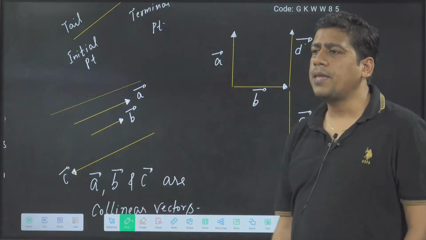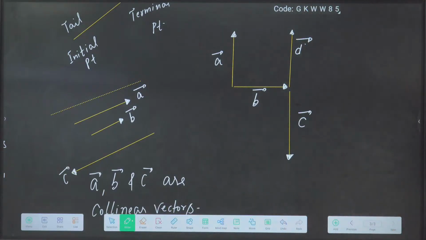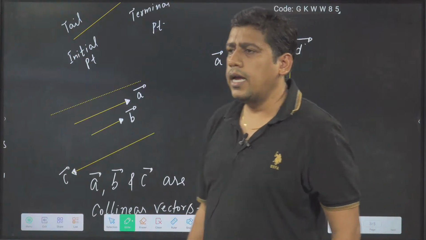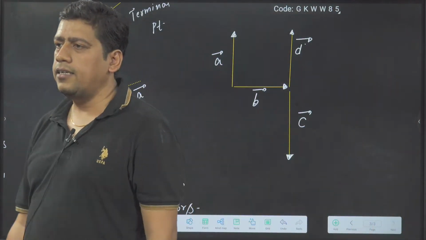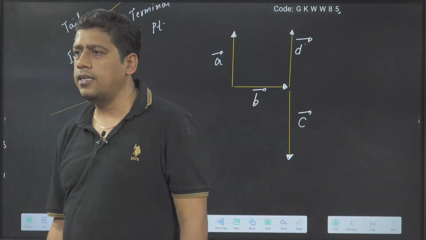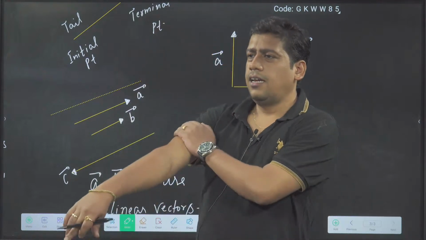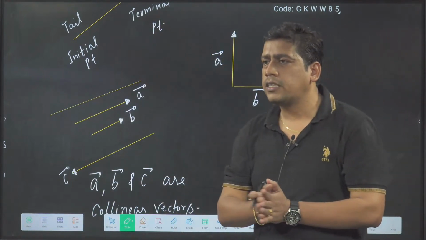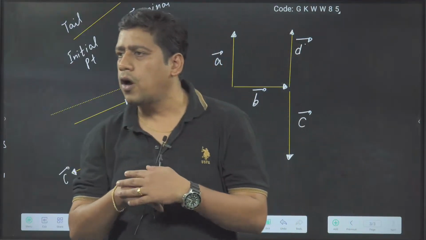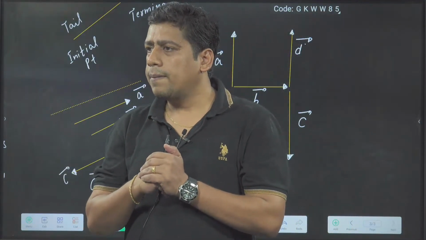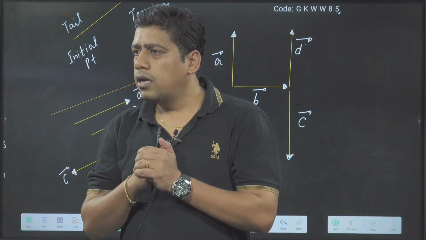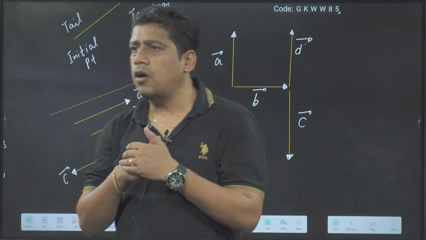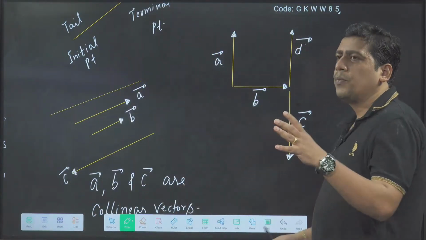Come on, name them. ACD, ADC, A and D, ADC, ACD. Okay, most of you have got it. Very good. No, son, A and D is wrong, meaning A and D is not completely true.